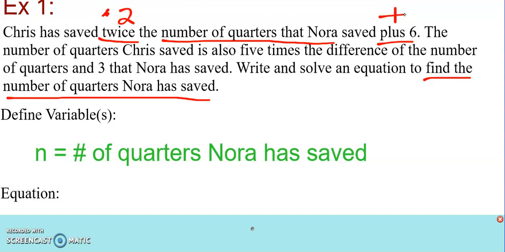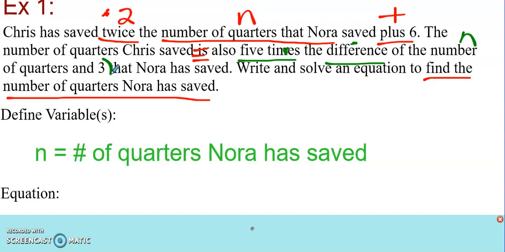And number of quarters, that's my variable n. He has also, is means equals, 5 times the difference, times is multiplication, the difference, subtract, of a number of quarters n and 3.